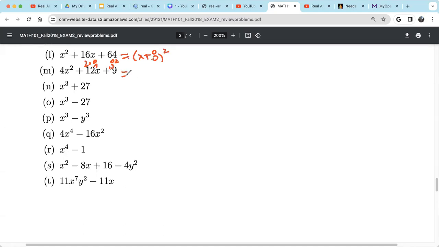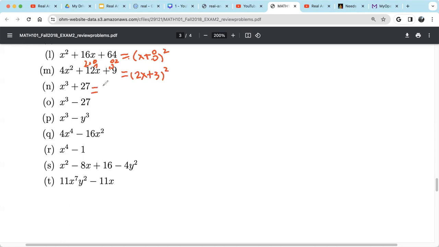Let's see this one. 9 is 3 squared, and 12x is 2 times 2 times 3. So that means this is also a perfect square, 2x plus 3 squared. Because 2x squared is 4x squared, right? 3 squared is 9. 2x times 3 is 6x, times 2, that's 12x.